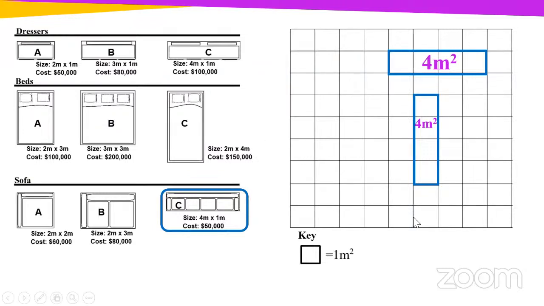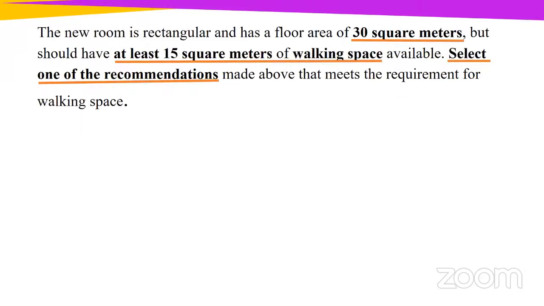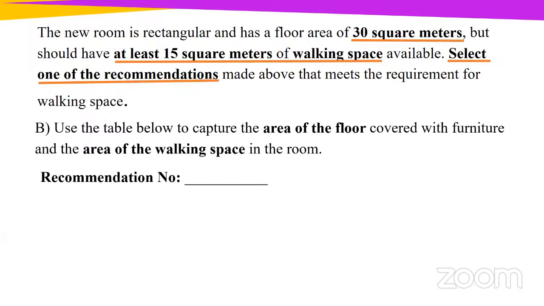So boys and girls, let's look back at our question. We are asked to see whether or not our recommendations would have met. So we're going to actually look at our recommendations. In order for us to see if we're correct, we first had to find the area of our furniture.